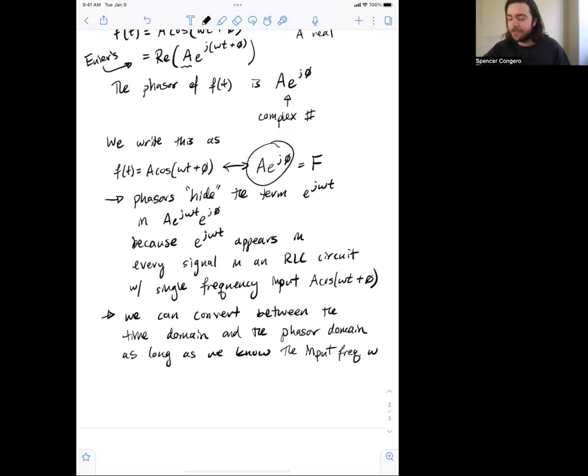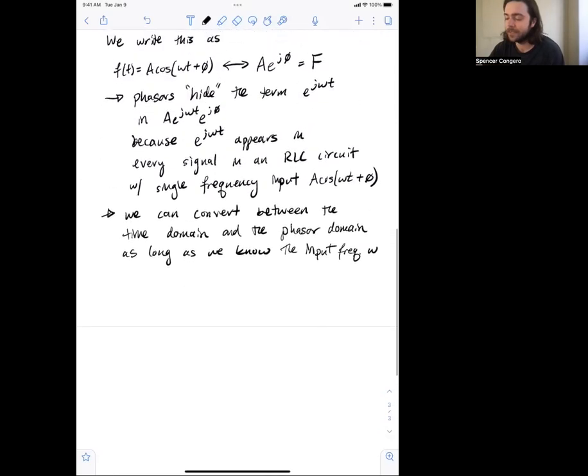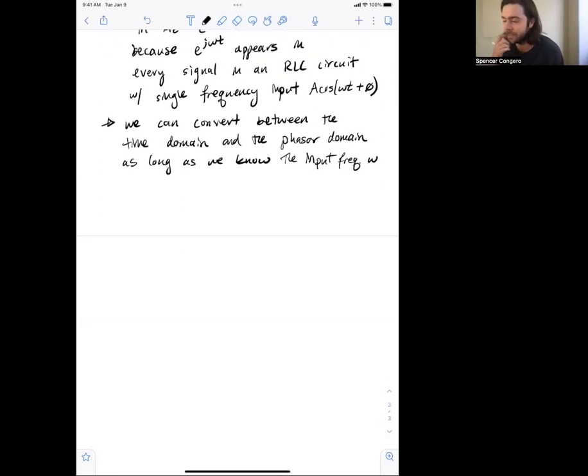Because if I just gave you this phasor, you wouldn't know what the frequency is. You wouldn't know what omega is. So you have to keep in the back of your head what the input frequency was for the time function you put into your circuit whenever you're using phasors, so that you can always convert back in the end. Okay, so let me just now review the steps we use to analyze circuits in sinusoidal steady state, and then we'll do an example.